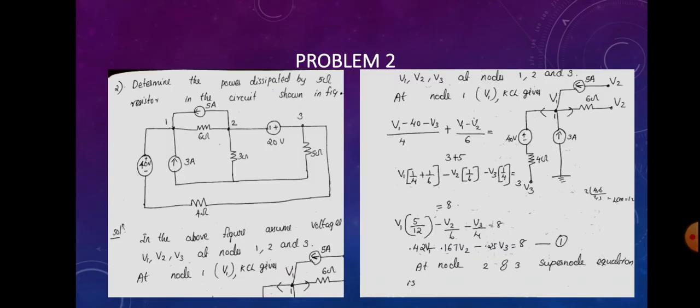Okay. And next, for applying Cramer's rule, we have to see what we are asked to find. We are asked to find the power dissipated by the 5 ohm resistor. So power will be equal to voltage into current, or V square by R, or I square into R. Once we get the value of V3, we can easily find the power.